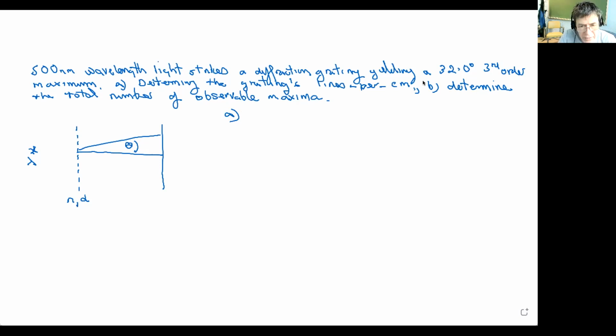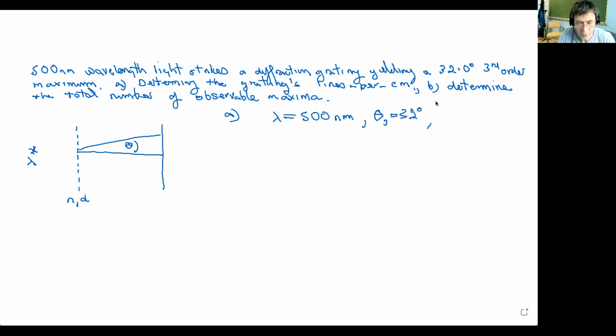So first I'm going to write down the information that we know about the diffraction grating and the diffraction pattern. We know the light has a wavelength that's 500 nanometers. We know that the third order, I'll put a little 3 subscript here to remind us that the third order diffraction maximum is at an angle of 32 degrees.